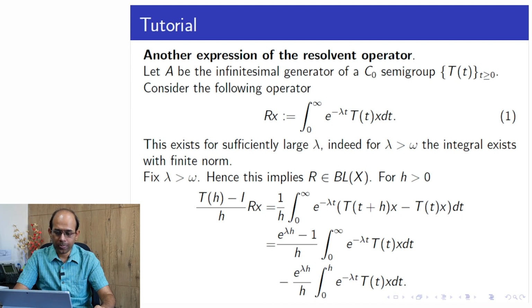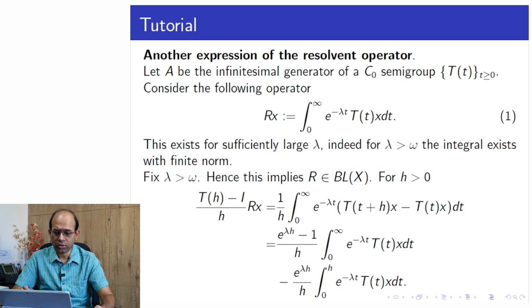Okay, so we do this. We take h positive and then take this fraction (T_h minus identity) divided by h, operated on Rx. Now this thing we are writing down here: 1 over h, and then T_h composed with R. If I put T_h here, I would get capital T of h plus t here, and then e to the minus lambda t, capital T of t plus h x.